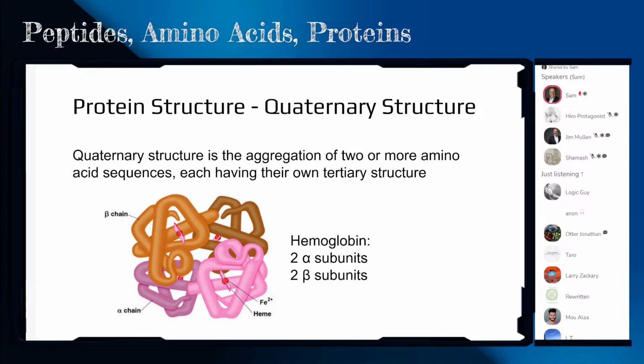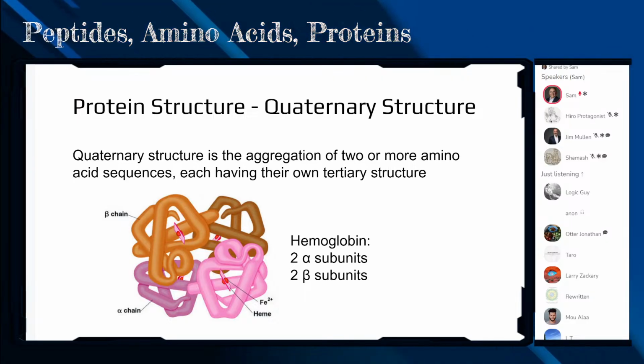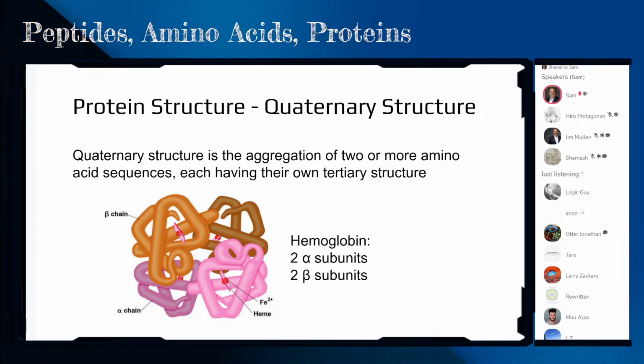So we had primary structure was the sequence of amino acids. Secondary structure was local conformation of the amino acids into alpha helix or beta sheet. Tertiary structure was the folding of the entire chain onto itself to form a protein.